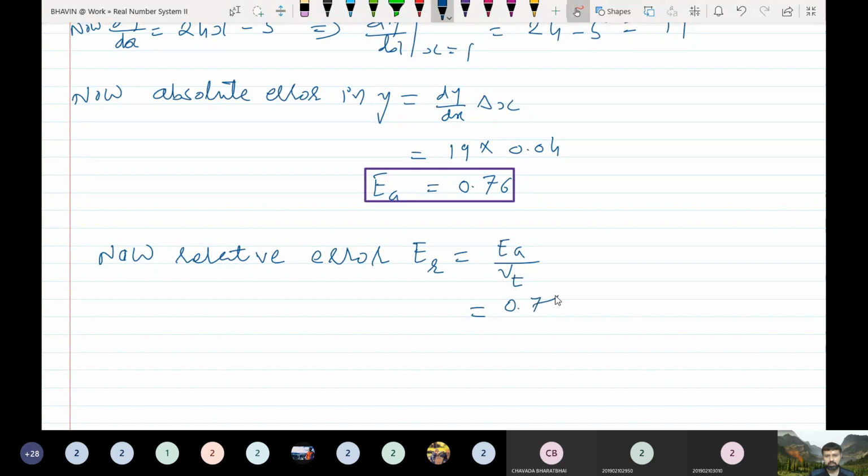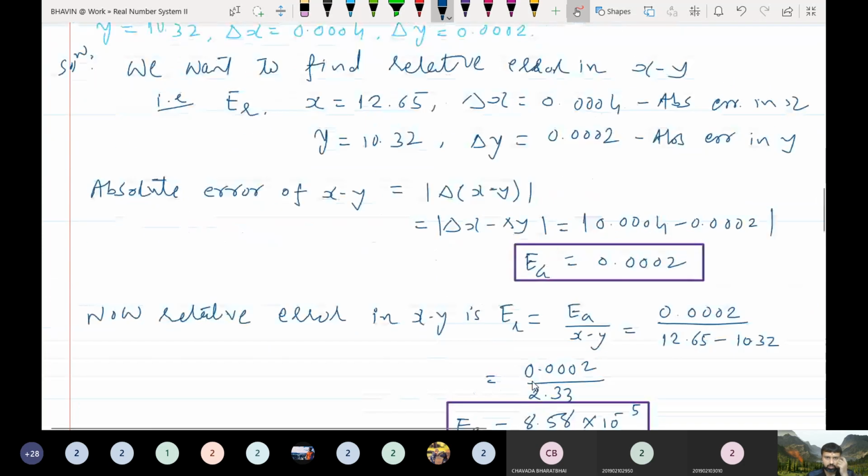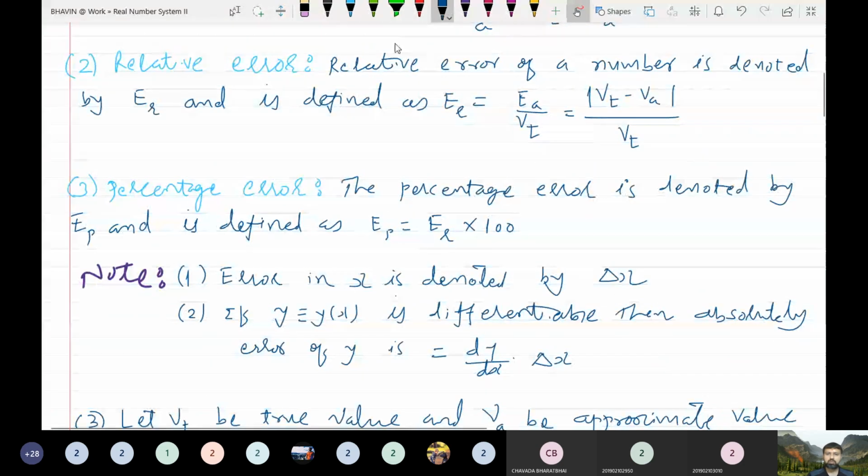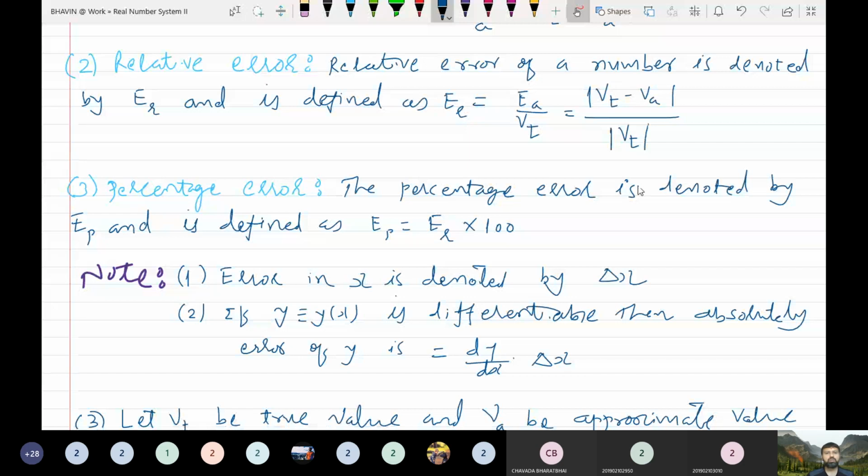Absolute error is 0.76. True value is y at 1, that is minus 1. And we should take its modulus because errors can never be negative. So what is the answer of this, 0.76? Here also in the formula I should write modulus of its true value. Okay.